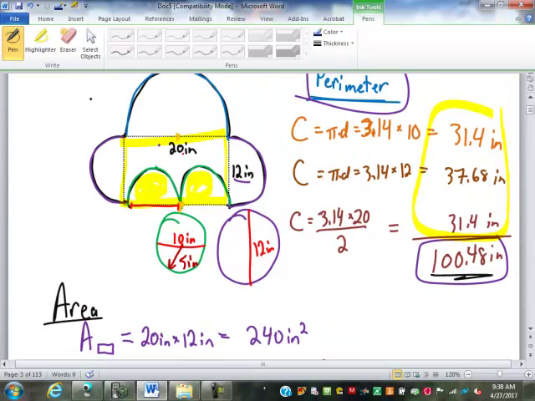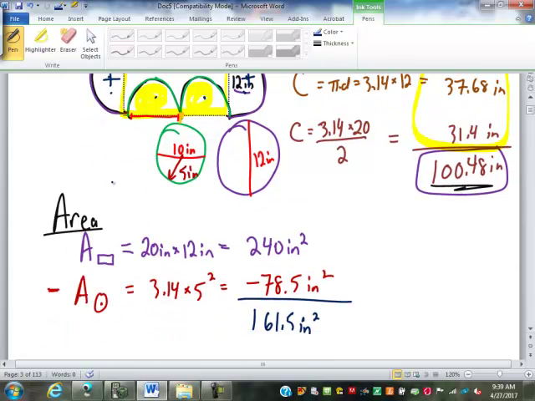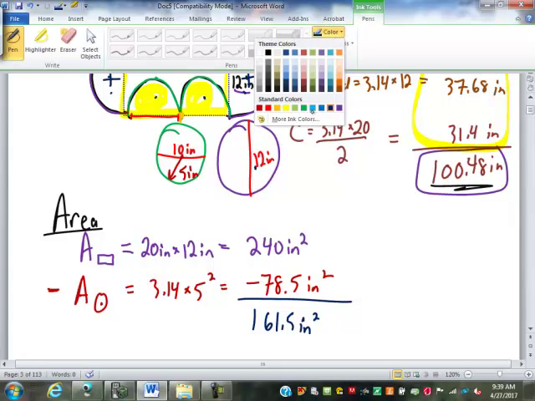Next, I need to add in these pieces. Those have to be added in because they're extra outside of the rectangle. See, I had that rectangle that was highlighted there. These pieces had to be subtracted because they were inside of it and they're cut out. These pieces are outside of that rectangle, so they have to be added on. So again, that is just a circle with a radius of 12, or a diameter of 12.